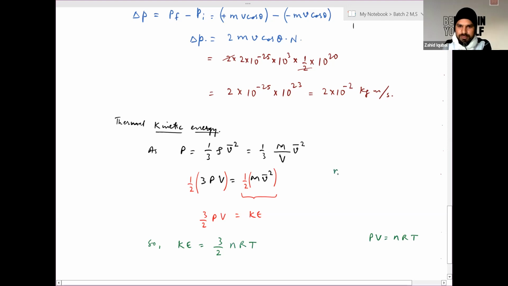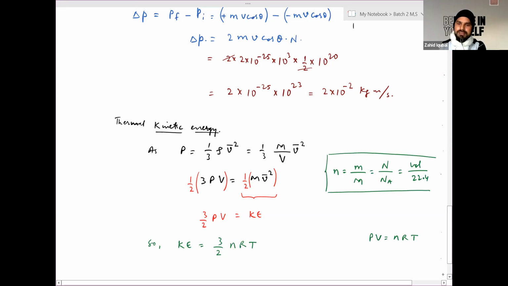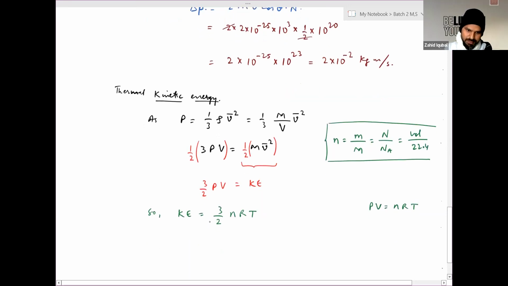Now, number of moles equals given mass by molar mass, which is also equal to number of particles over Avogadro number, or volume divided by 22.4 liter. I'm using the second formula for number of moles, that is in terms of number of particles.